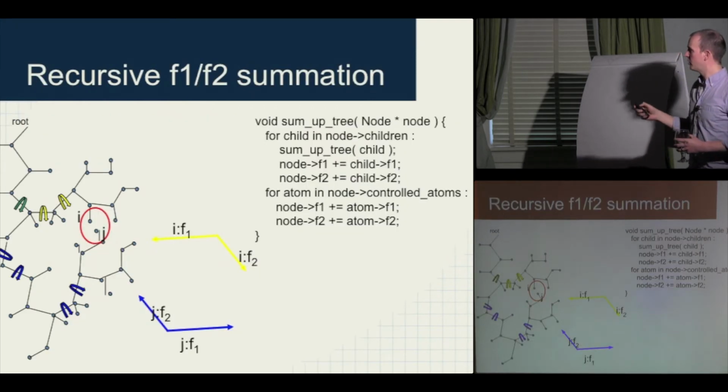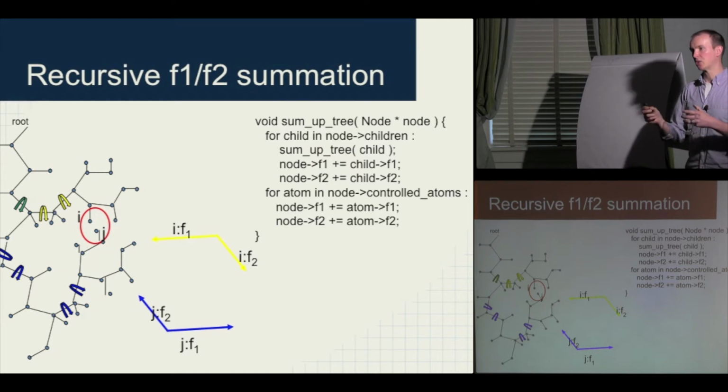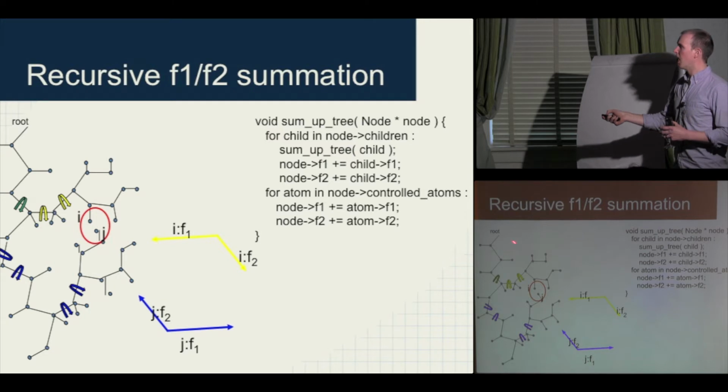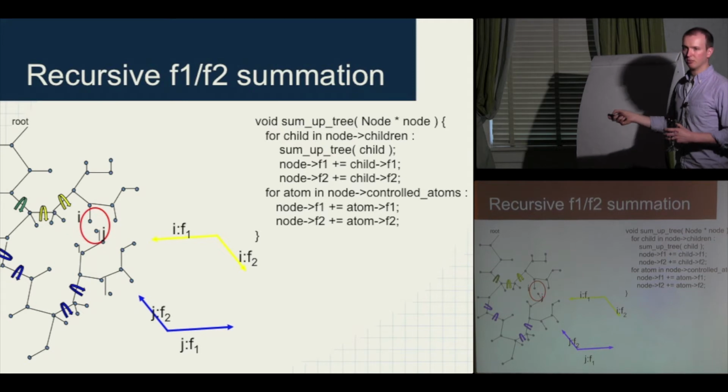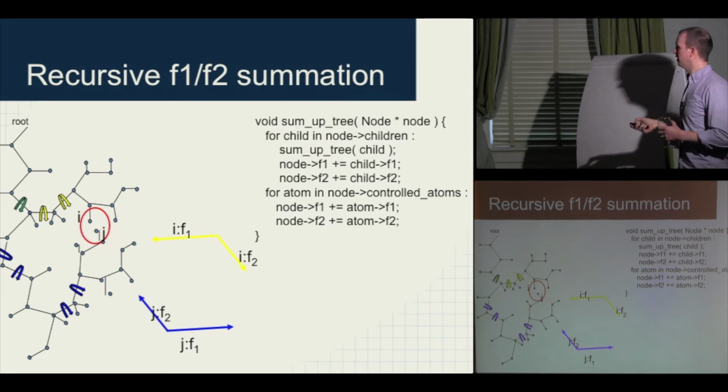To do that through this tree, you can imagine that each node in this tree has space to store an F1 and F2 vector, and we're going to recurse starting at the root. We're going to descend all the way down, iterating: for each child in node children, sum up the tree, all the way down to the lowest atom in this tree.